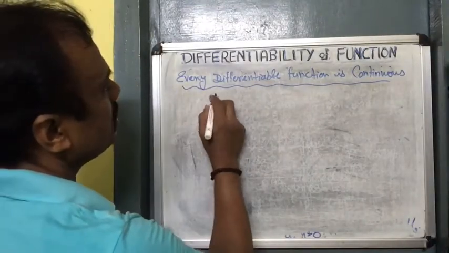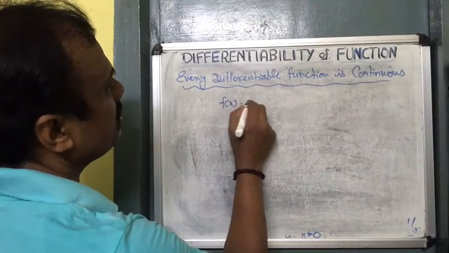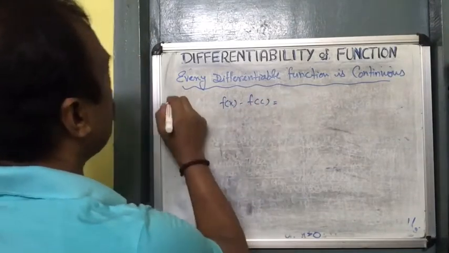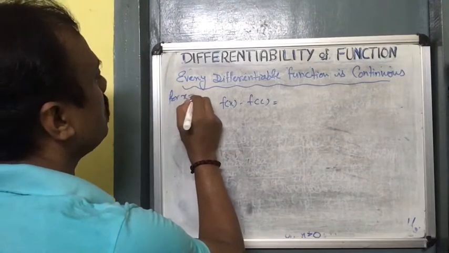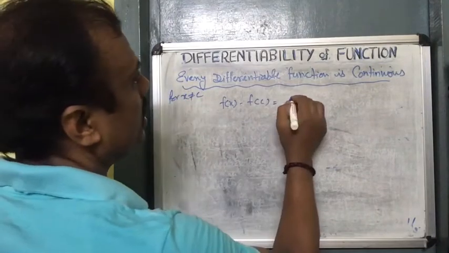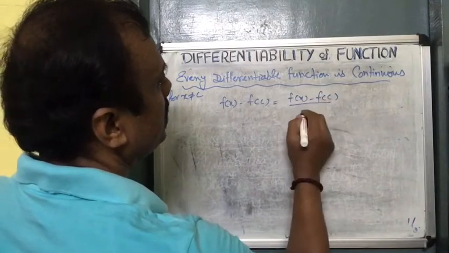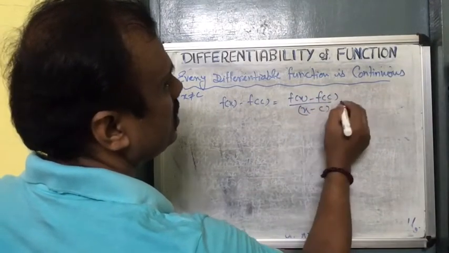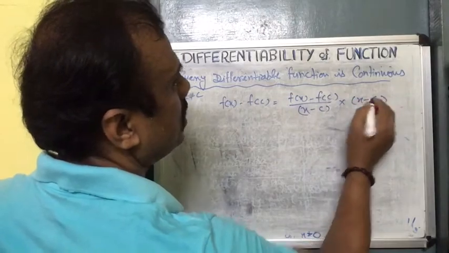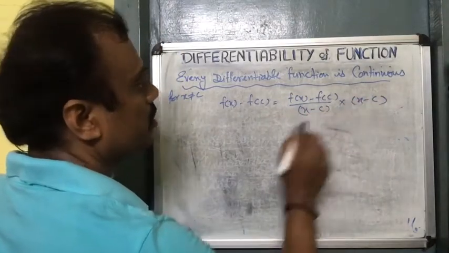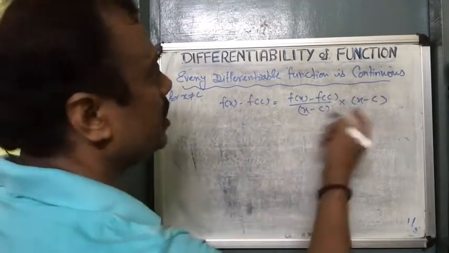If I consider f of x minus f of c, so I can write for x not equals to c, f of x minus f of c divided by x minus c into x minus c. This part I am going to write because there will be no effect. Okay, now taking the limit of both sides.